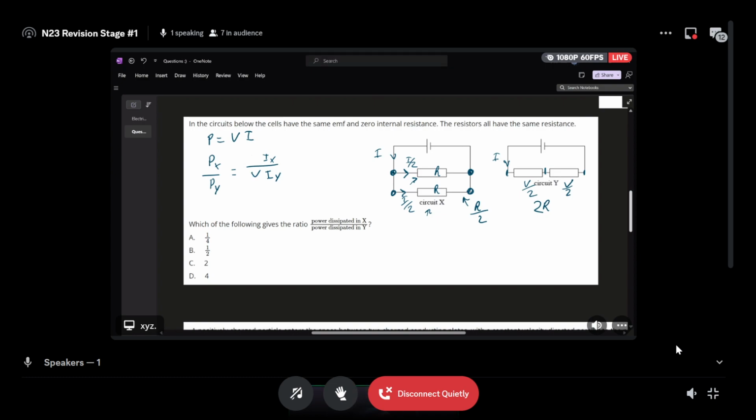The V's cancel because we have the same EMF in both circuits. EMFs are equal.